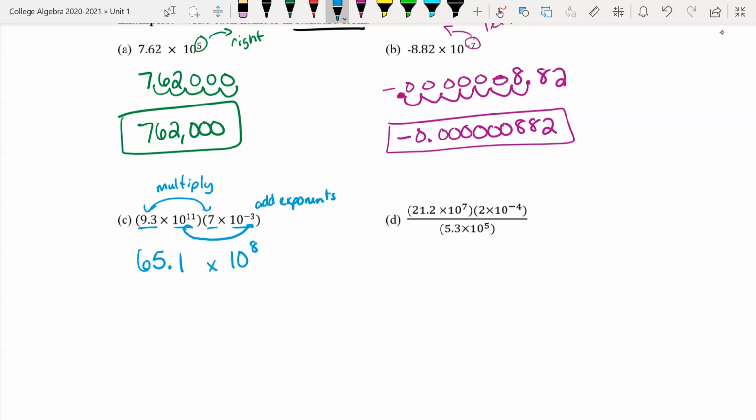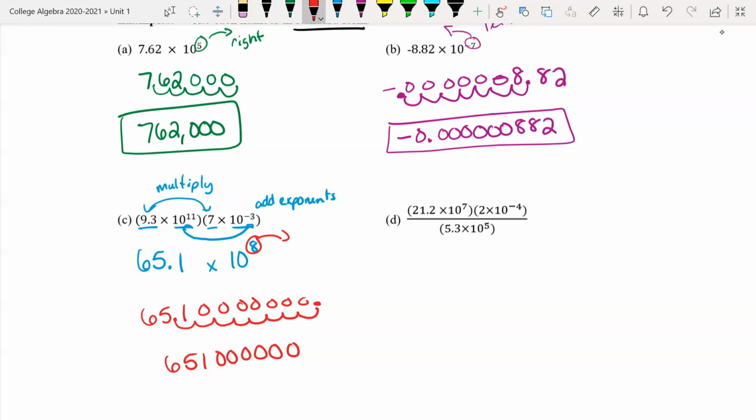Now, I want this in standard form, all right? So I'm going to take my 65.1 and move it 8 to the right. So 1, 2, 3, 4, 5, 6, 7, 8. Can I add my commas in there?